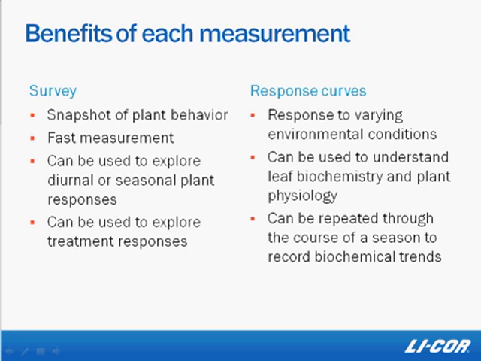It can be used to understand leaf biochemistry and plant physiology, and you could repeat it through the course of a season to record biochemical trends. Most often, people combine response curves and survey measurements because we do learn different things from them, and you might want to know both things. Which one you end up doing and how often you end up doing it will depend entirely on what kind of question you're trying to answer.